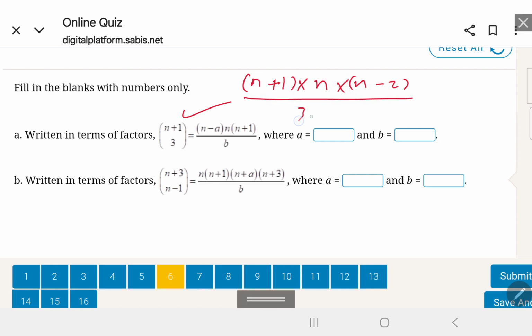That's the combination formula. 3 times 2 times 1. So clearly b is 6 and a must be 2. So this a here is 2.